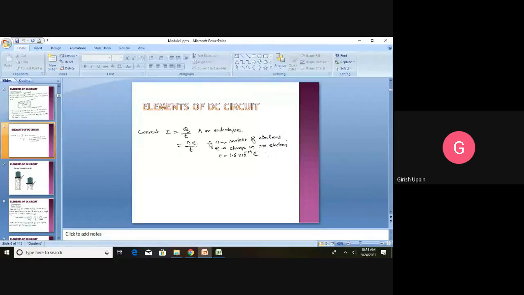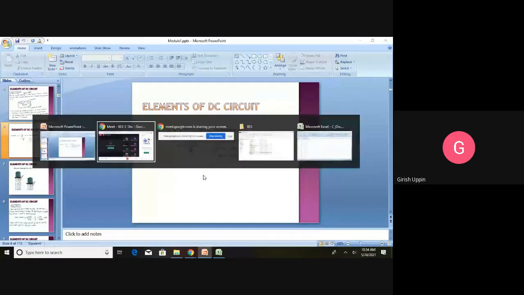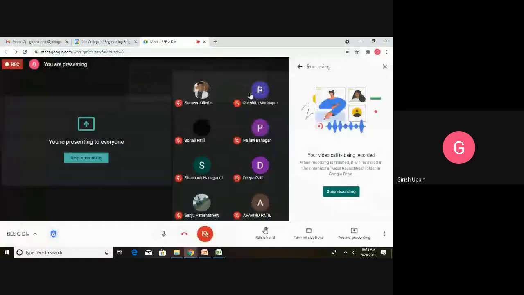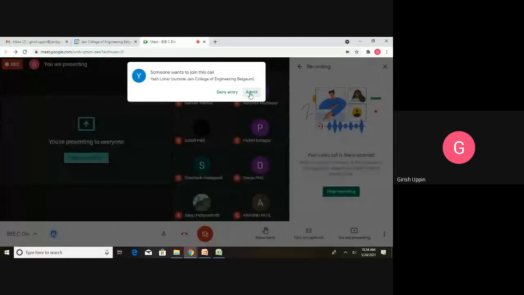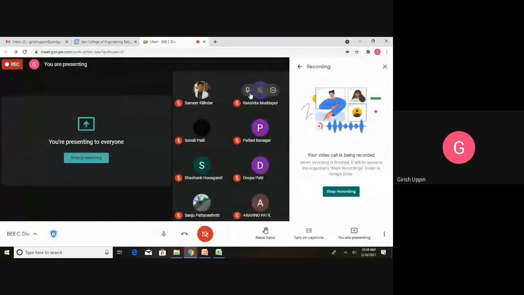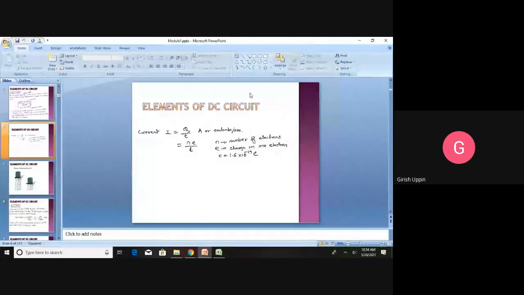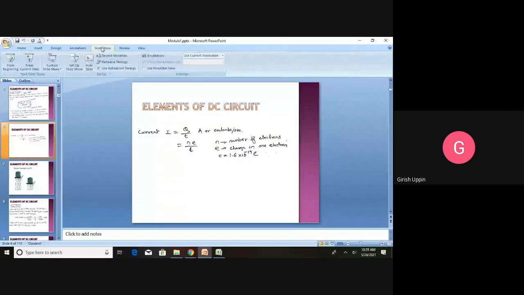So I is equal to Q by T. I is equal to N into E, where N is the number of electrons, and E is the electric charge on a single electron, that is constant, which is 1.6 into 10 raised to minus 19 coulomb. So I is equal to Ne divided by T. We can represent it in those terms also.